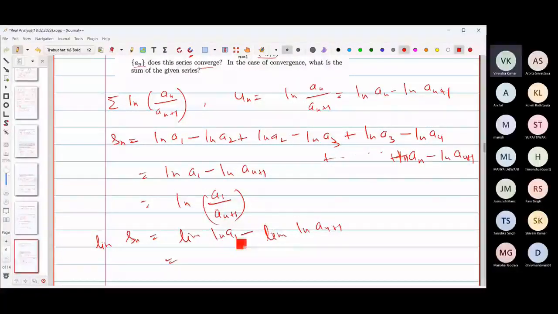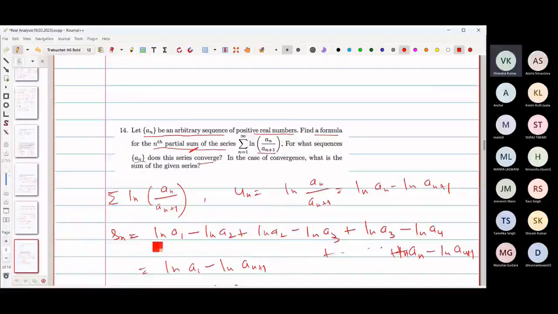Log a1 is free from n, and the other we write as the limit of log an plus 1. If this converges, then Sn also converges, and therefore this series will be convergent in that case.